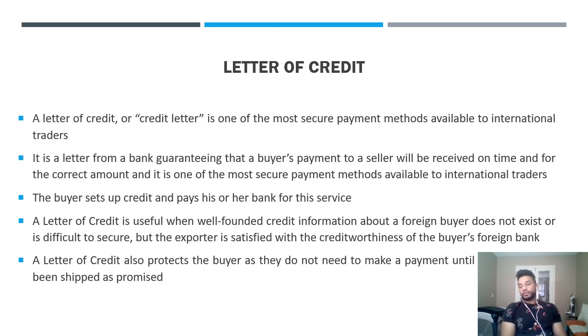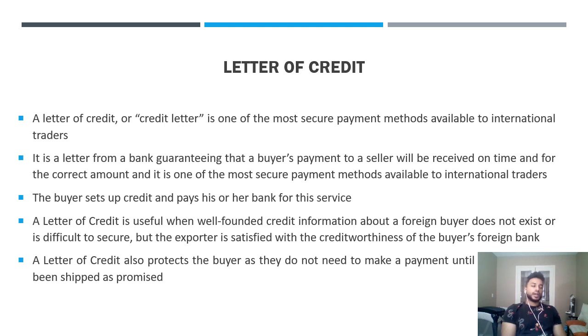So basically what happens is the bank goes and secures the money from the client. They take that money and hold it in a holding account. The customer's not allowed to touch it right up until the entire contract is completed, where the goods have been shipped and the seller has done everything that the customer has asked for based off the contract.